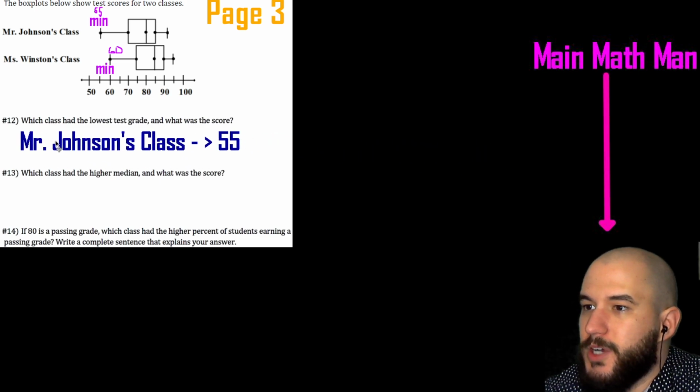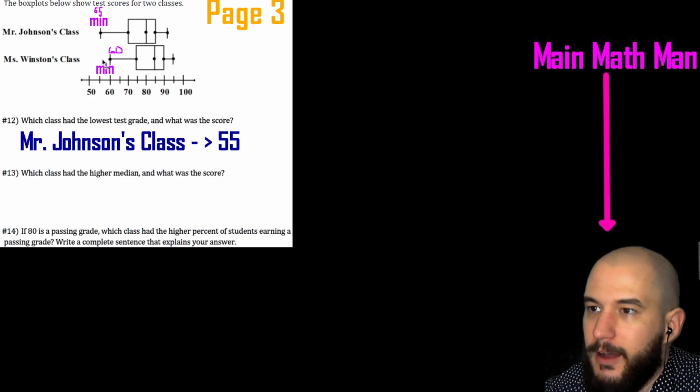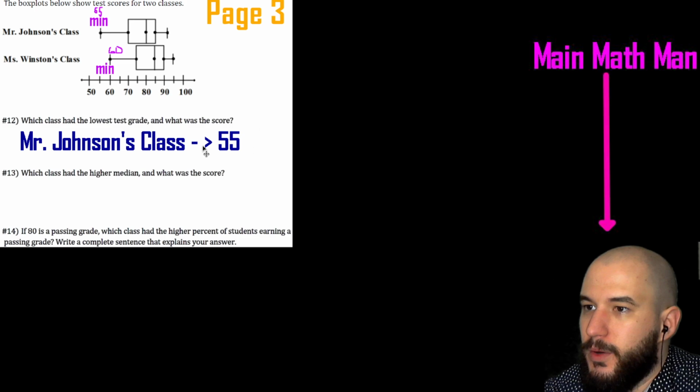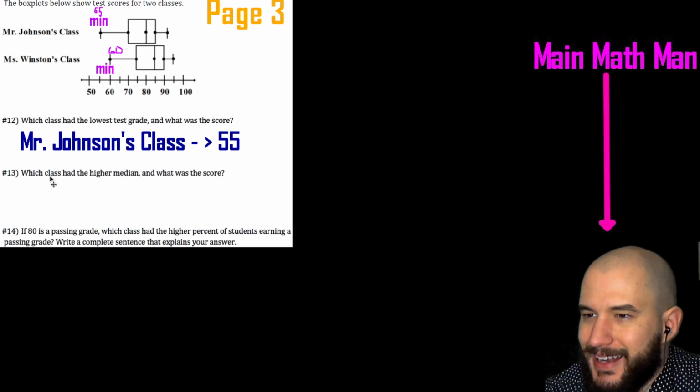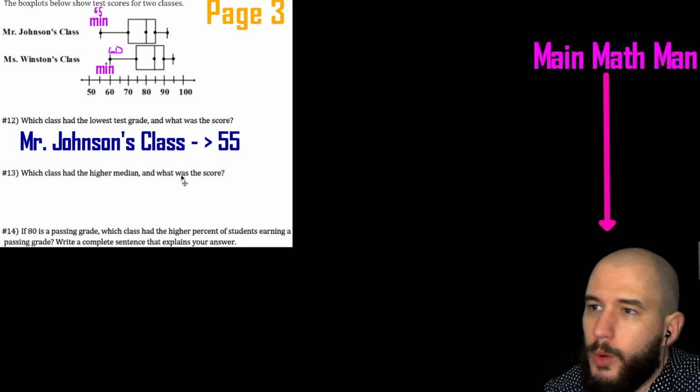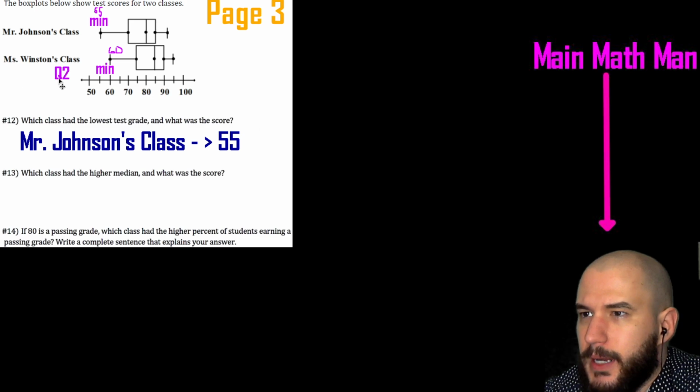Mr. Johnson's class is the furthest to the left, so a value of 55 is the lowest min. Now it says, which class had a higher median, and what was the score? So again, we're talking about that Q2, that middle value in the box. Let's put that right there.